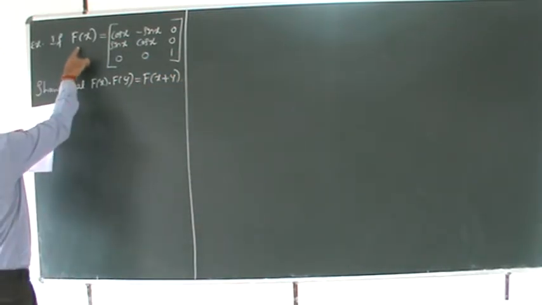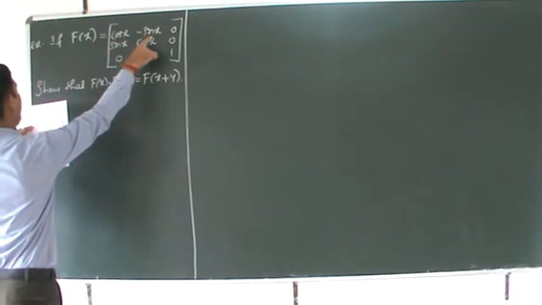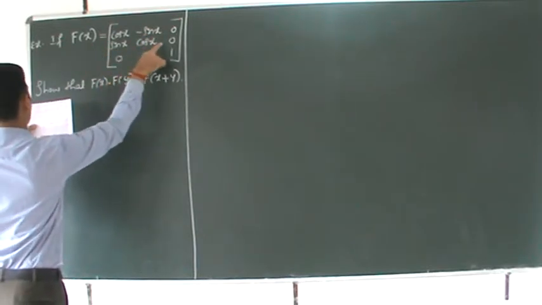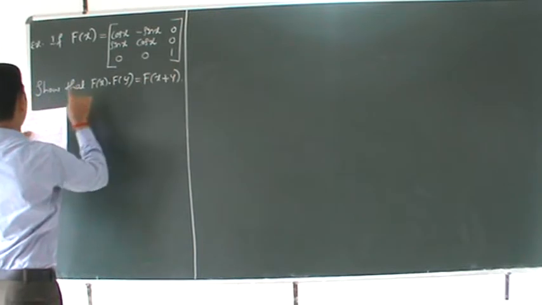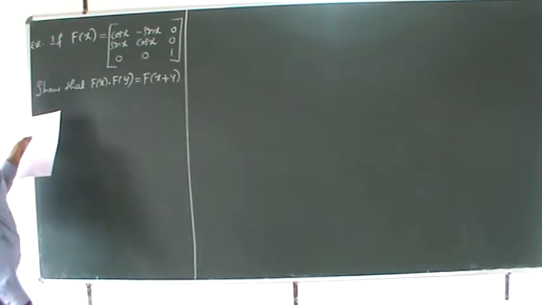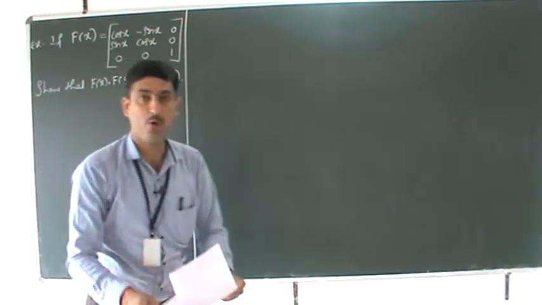Just observe the function f of x, which is equal to cos x minus sin x 0, sin x cos x 0, 0 0 1. Show that f of x into f of y is equal to f of x plus y.